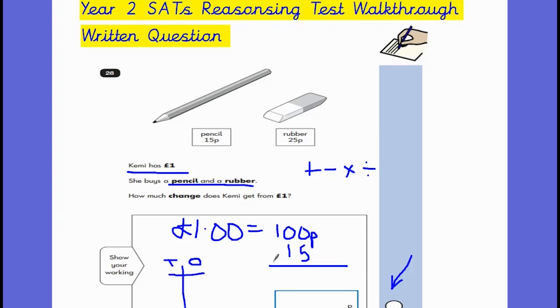So if I have 100 and I take away 40, okay, this is then using their number bonds to 100, I should be able to see that the answer is 60p. I would probably say that that would be the easiest thing to do for them, to add those 2 bits together to make 40, and then take 40 away from 100 to get 60p. But another piece of knowledge they need to know is that there are 100 pennies in a pound, so that they know that they're taking away from 100. So 60p is the correct answer.